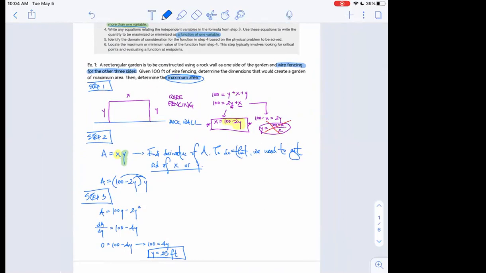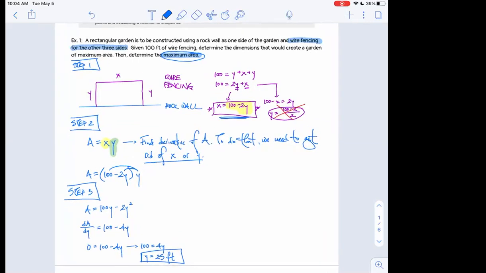I found my y. How do I find my x? Just substitute it back into 100 minus 2y. I'm going to take this 25 and plug it back into this purple equation up here.